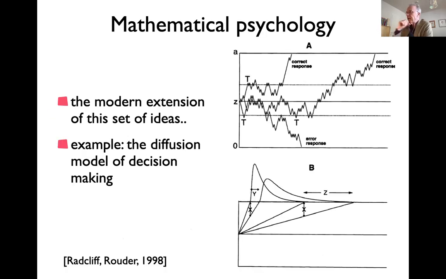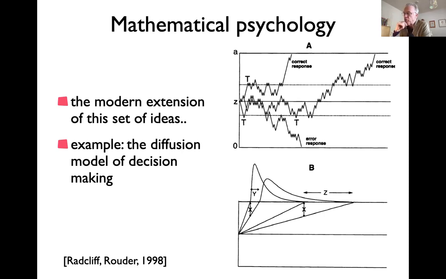And that is the mindset from which mathematical psychology was developed. Mathematical psychology continues to exist as a discipline, the modern extension of these ideas. It's very largely this idea that you would find uniquely identifiable sets of parameters by postulating models that do data compression and therefore capture constraints.